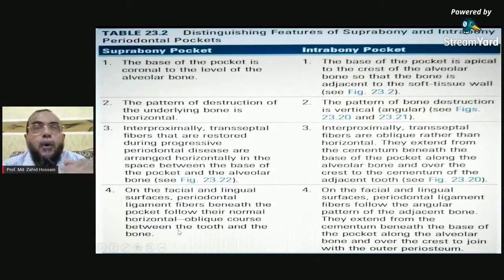It means the pocket extends and bone is also lost, but the pocket never goes below the bone. So in this case, the bone and the ligamentary structure, the oblique fibers, follow the same course. But for the infrabony pocket, you will find an oblique course, because the alveolar bone loss occurred obliquely or angularly.